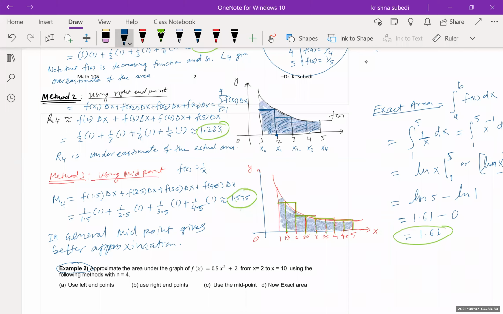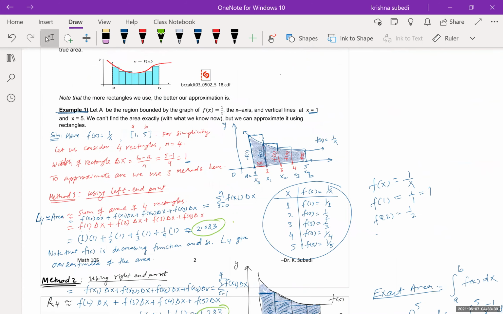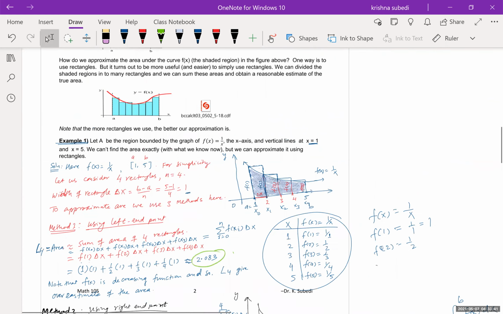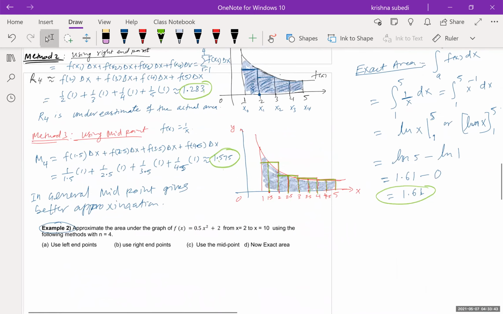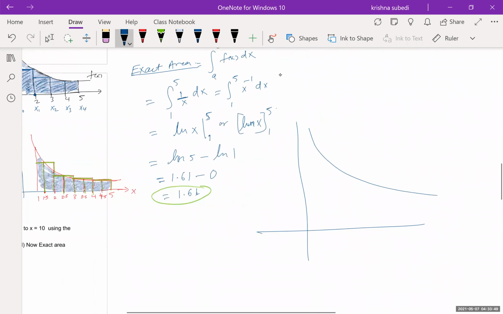Of course, it is a better approximation. So if we increase the number of rectangles, then we'll get, as you can see here, for example, in this case, we have a function here.